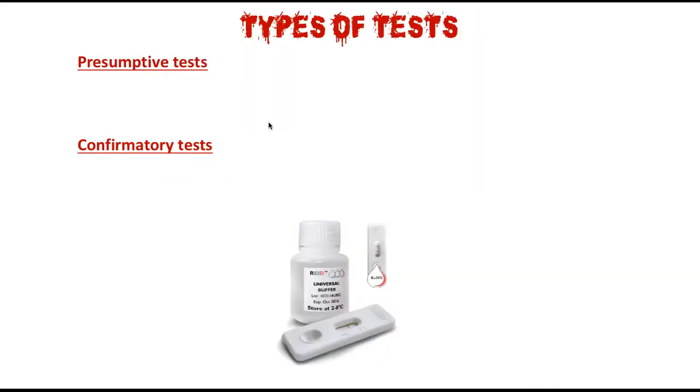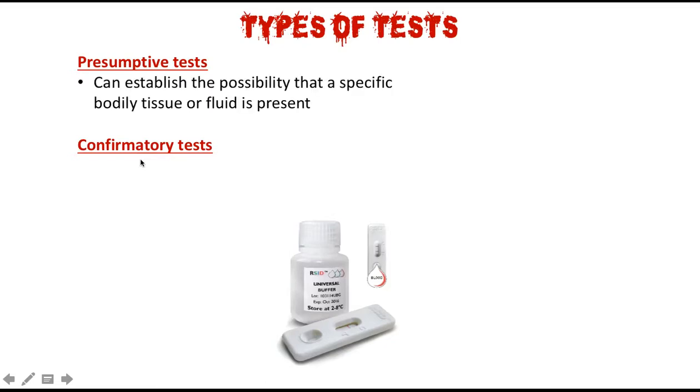So I've talked about two different types of tests in this video. We have presumptive tests and confirmatory tests. Main thing that you should know about this is that a presumptive test can establish the possibility that a specific body tissue or fluid is present, right? If we use a Kastle-Meyer test or luminol, we know that blood is present. We just don't know if it's human blood.